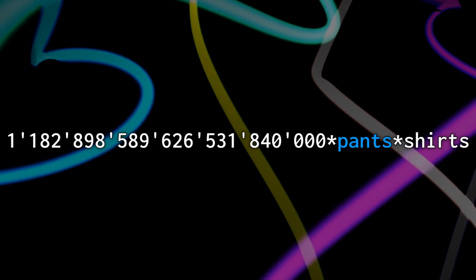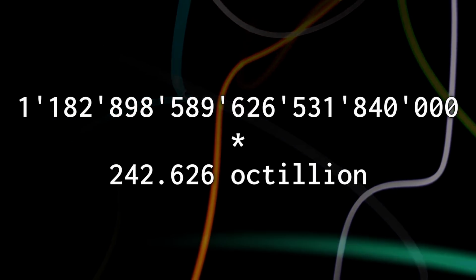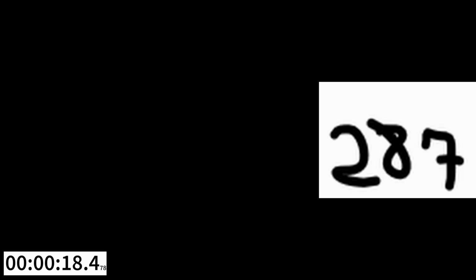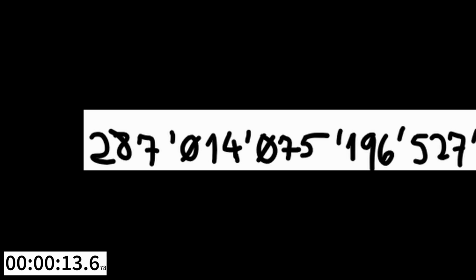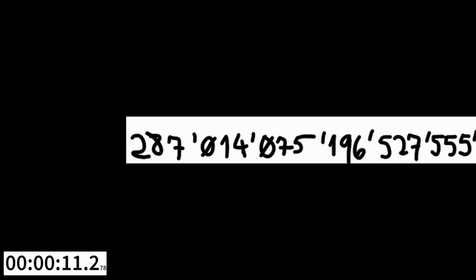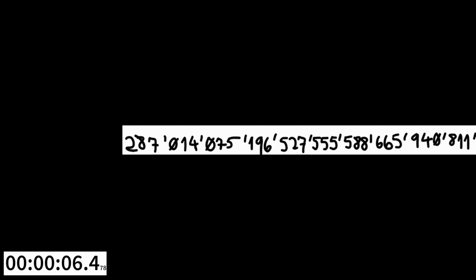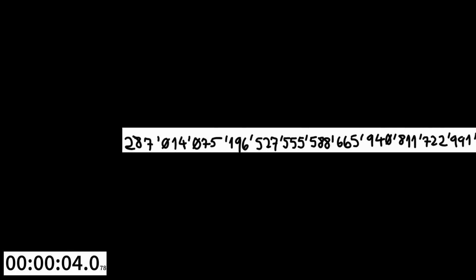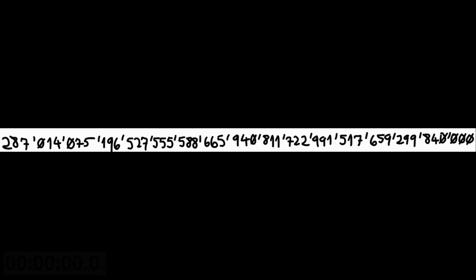Now, if you multiply that by the pants and shirts, which I said before was around 242.626 octillion, you get, drumroll please, and this is going to take a little bit, 287 quindecillion, 14 quatorticillion, 75 tridecillion, 196 duodecillion, 527 undecillion, 555 decillion, 588 nonillion, 665 octillion, 940 septillion, 811 sextillion, 722 quintillion, 991 quadrillion, 517 trillion, 659 billion, 299,840,000 options for 2D accessories alone.